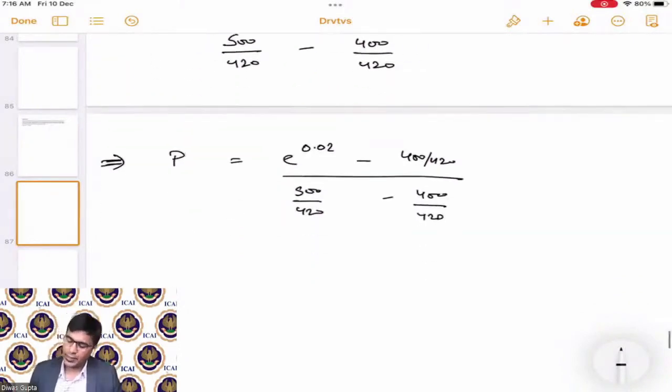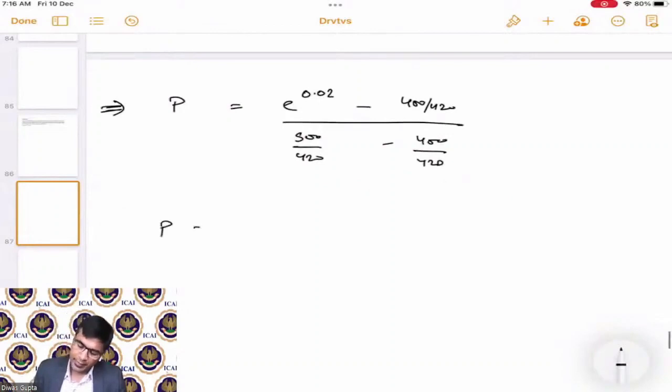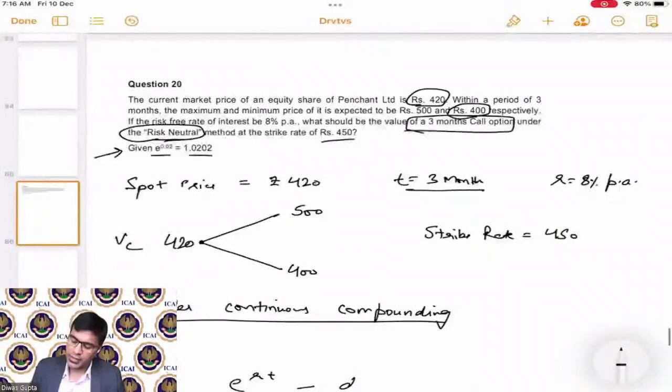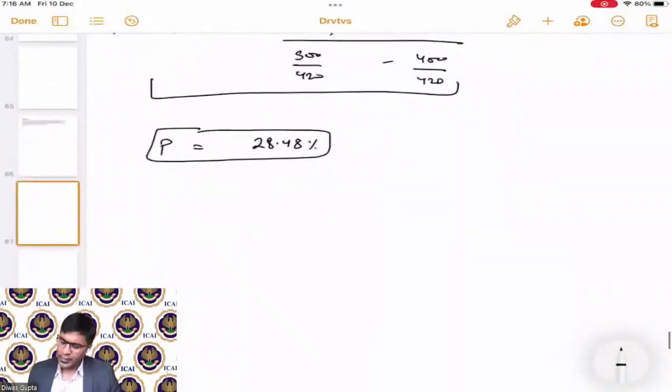Then the probability will be 28.48%. So if we solve this equation by replacing e raised to the power 0.02 with what is given in the question, which is 1.0202, we will reach this probability.